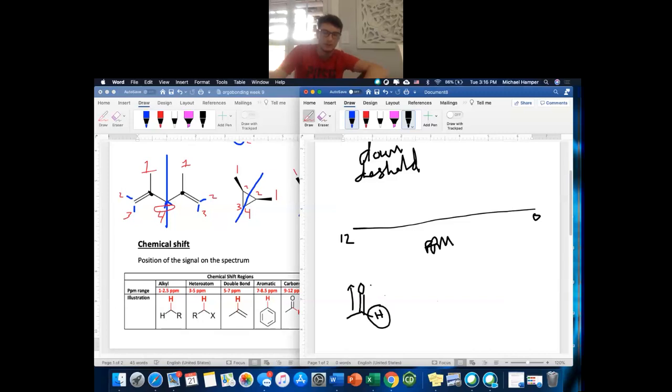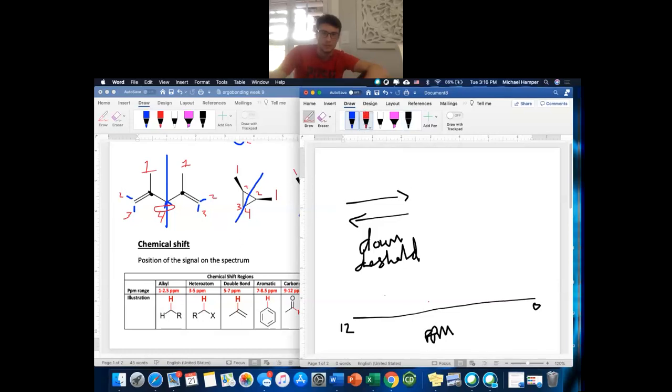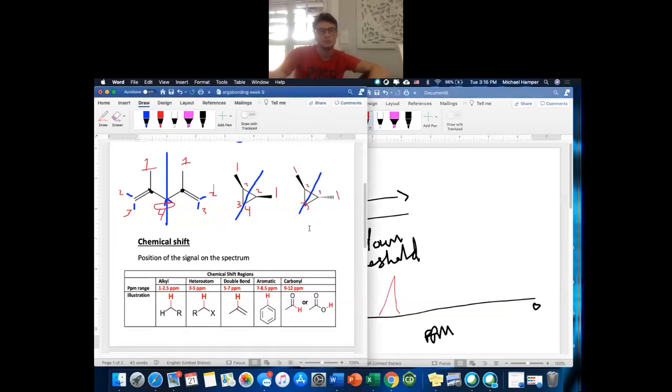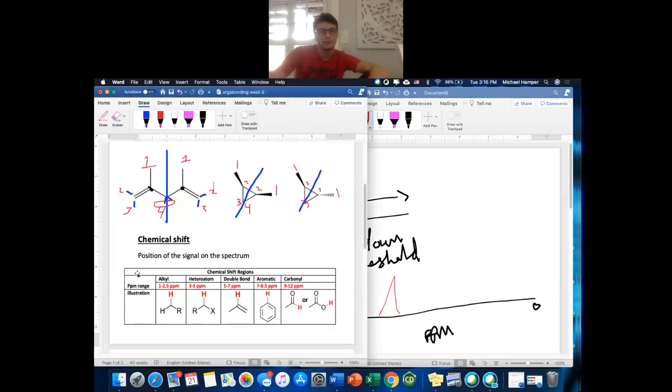So there's less electron density to protect it, and so it's de-shielded, and this signal will appear downfield on the spectrum. With that in mind, you should be able to reason this.